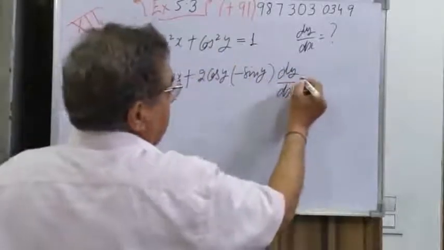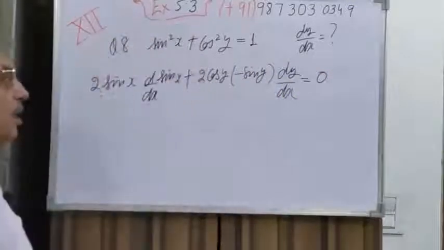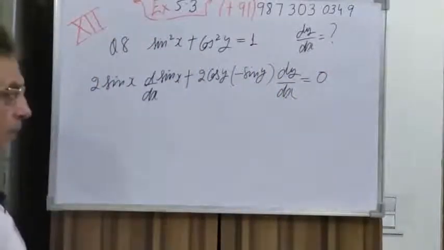On the right hand side, the constant gives us 0, as the derivative of 1 or any constant is 0.